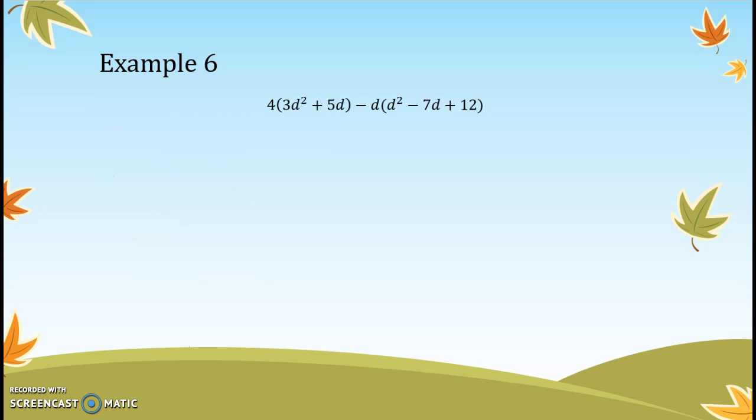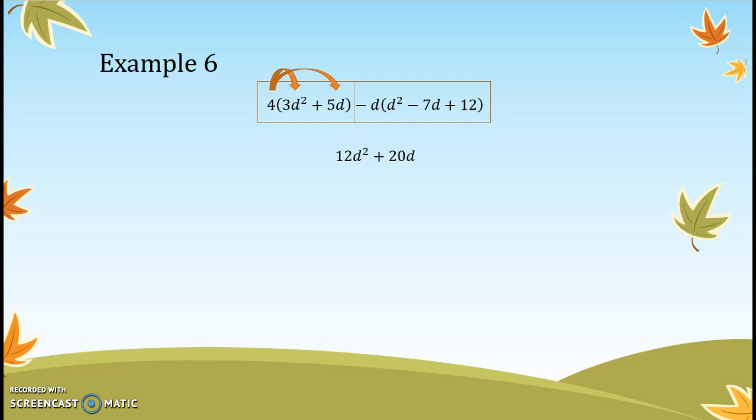In this instance, we have 4 times 3d squared plus 5d minus d times d squared minus 7d plus 12. Notice I almost have two separate problems here. So we first need to distribute the 4, and then we'll distribute the negative d to their each respective parentheses. So we'll start with 4 times 3d squared, giving us 12d squared.